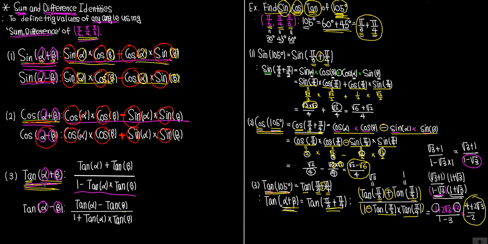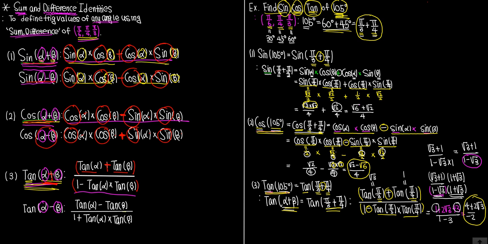For tangent of alpha plus beta, there is no other way to memorize it, but we need to remember that the tangent is a ratio between sine and cosine. So sine over cosine is the tangent. The numerator has something to do with sine, and the denominator has something to do with cosine. For alpha plus beta, if it's a positive sign in the numerator, just like the sine property, they'll be connected as positive: tangent alpha plus tangent beta.